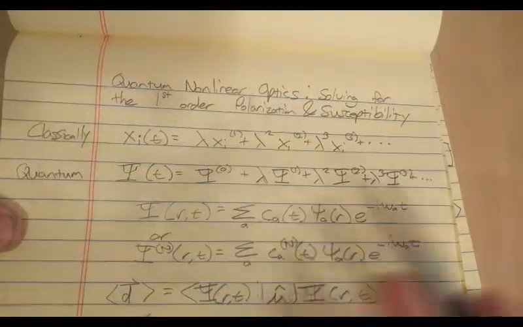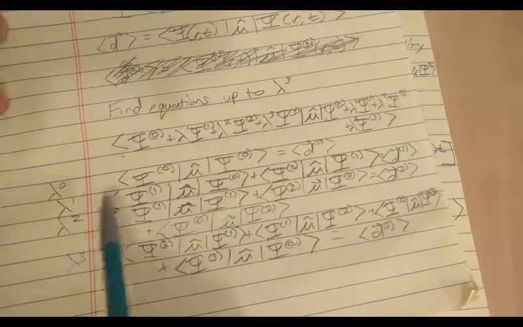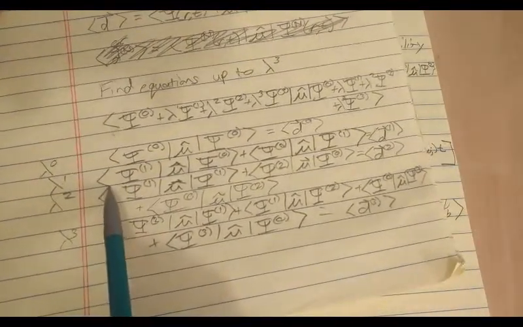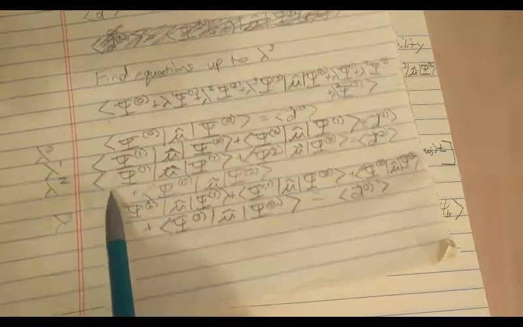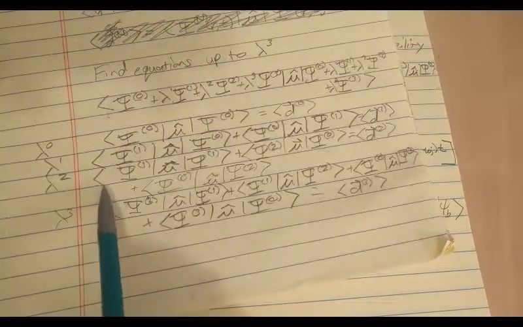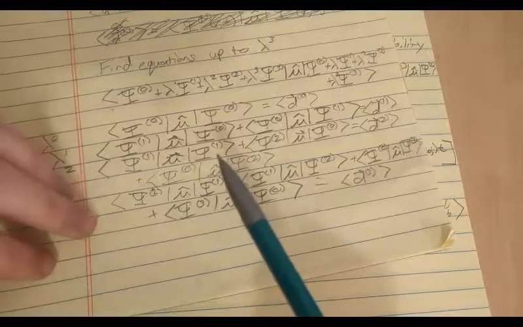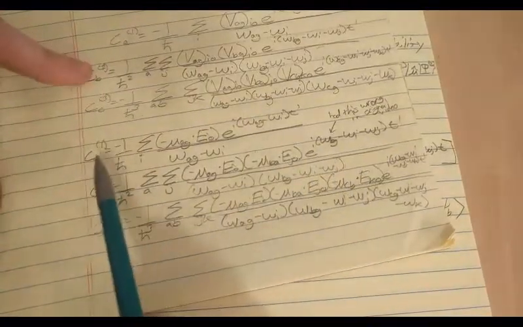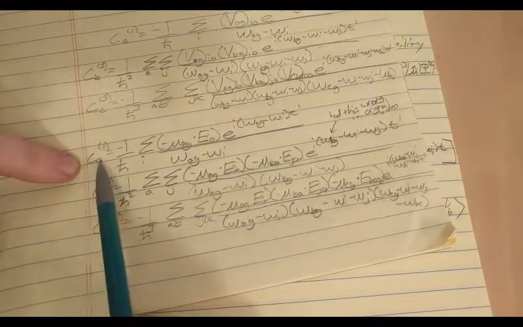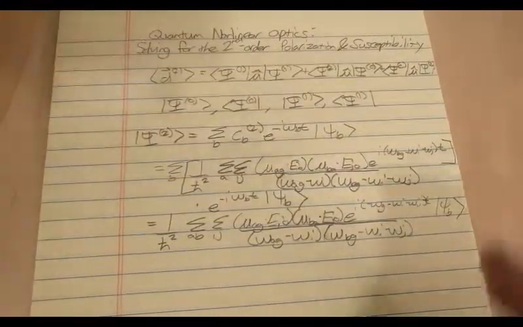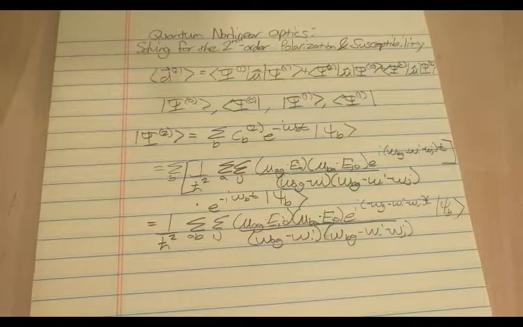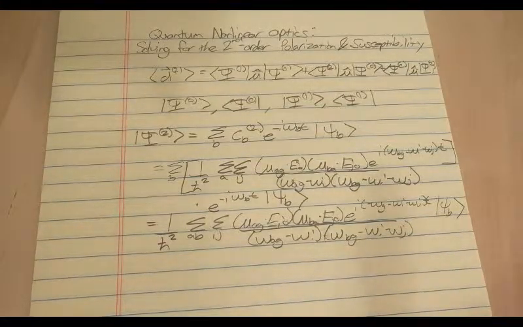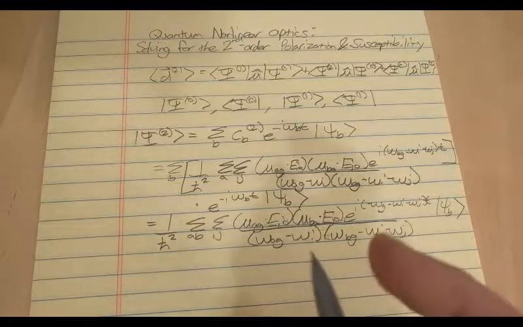For instance, here's all my notes for the first video, and here is the expression that we started with, and I also have the perturbed coefficients right here, so it's all laid out in front of me. I don't remember all this stuff. I usually have it written down in about 10 places.